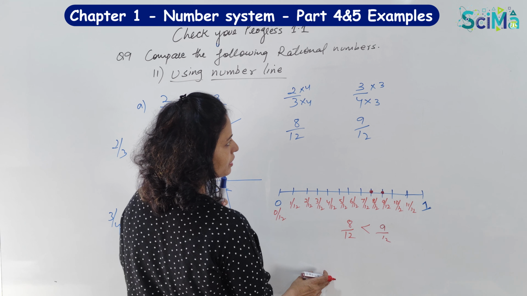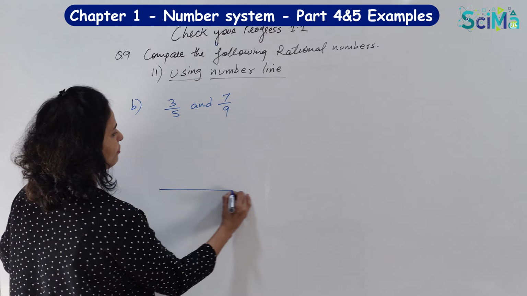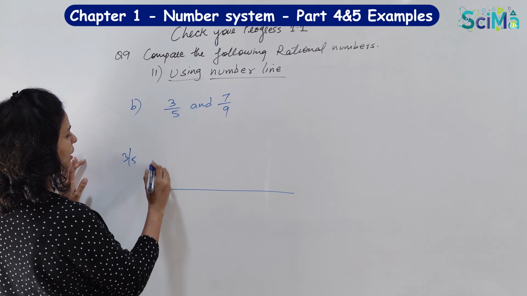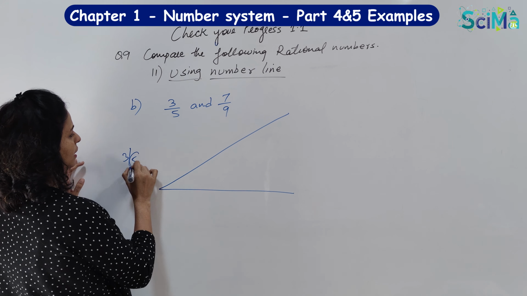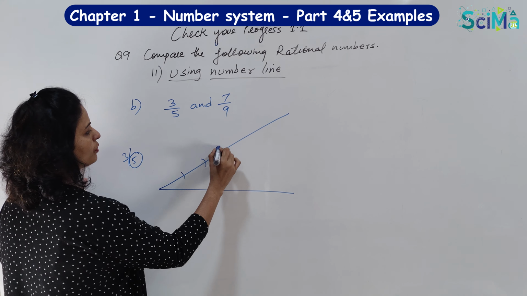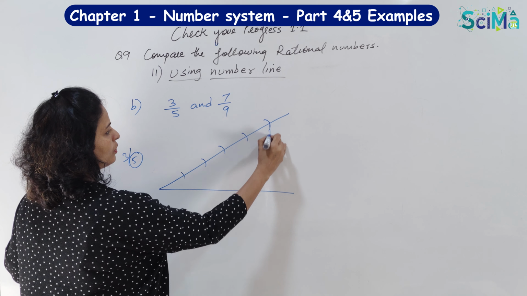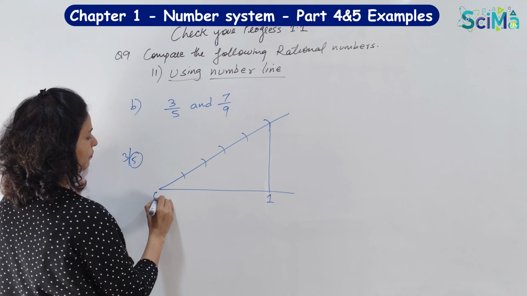So the B part also I will show you with the construction method. The rest of the questions you try, you will definitely get the construction part of it. So 3 by 5: if I have to show 3 by 5, again I make an acute angle and divide into 5 parts. 1, 2, 3, 4, 5. Join it here, you get 1.